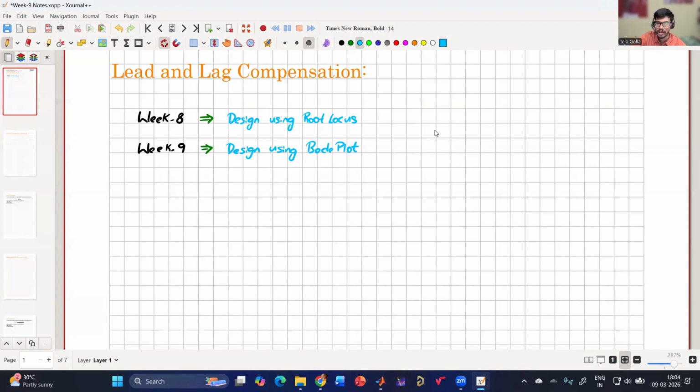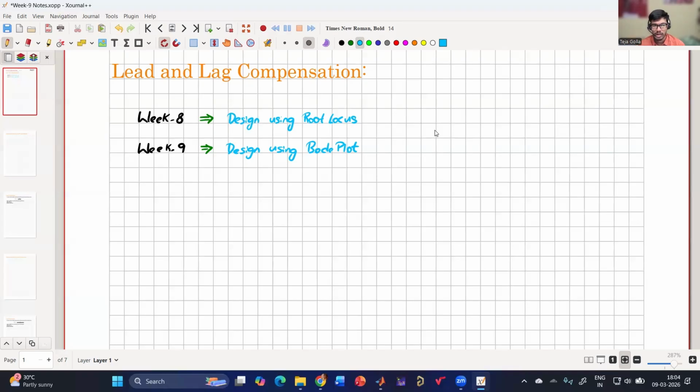So the first question is, why are we learning multiple methods? Because it is always important to learn different methods. For certain applications one method may be easier or more useful, and for different applications some other method may be. It's important to learn all the methods so that we can correlate what exactly is happening in the root locus and what is happening in the Bode plot. We are doing the same exercise using root locus as well as Bode plot. This will strengthen our concepts and help us correlate between root locus and Bode plot.